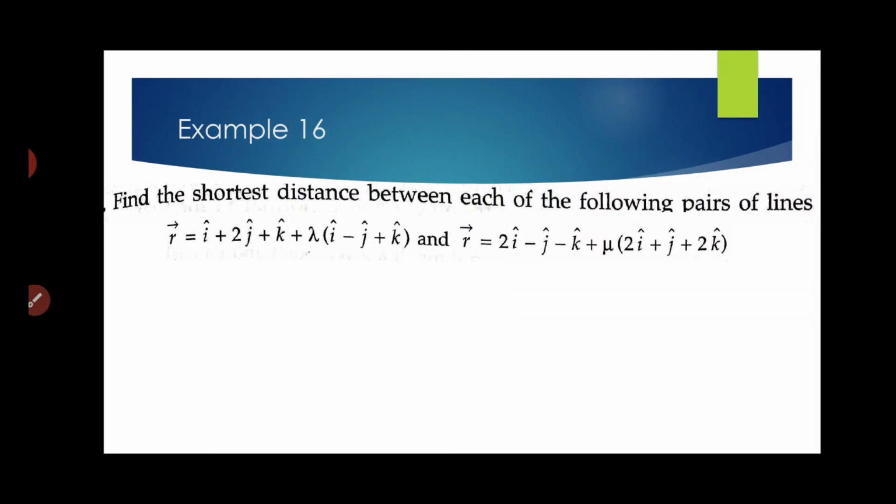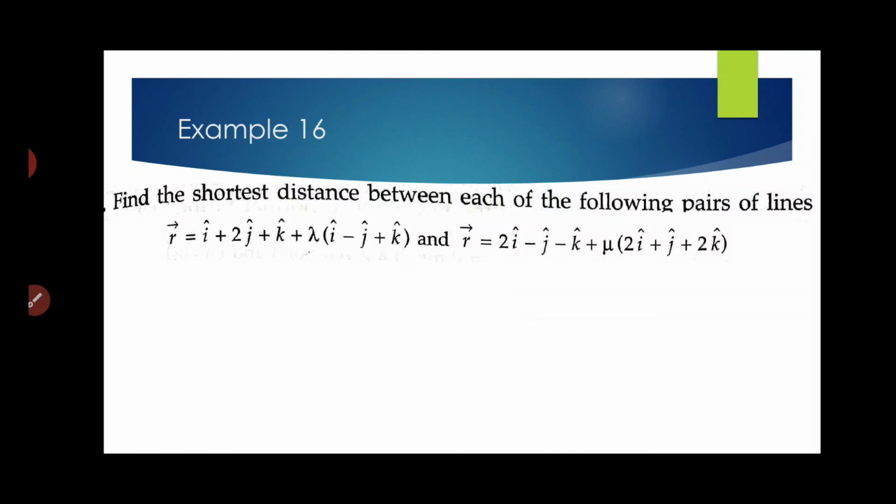Now this is basically a derivative from the previous one, that is, if I'm given a point outside the line, then how to find the distance from that point to the line. Fine. Now let us take up the question.